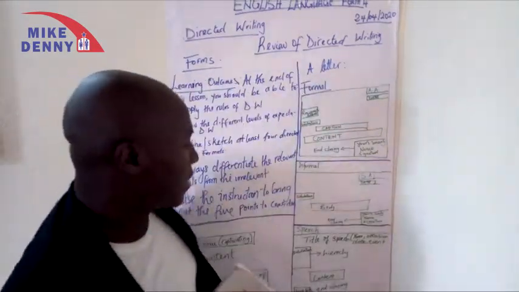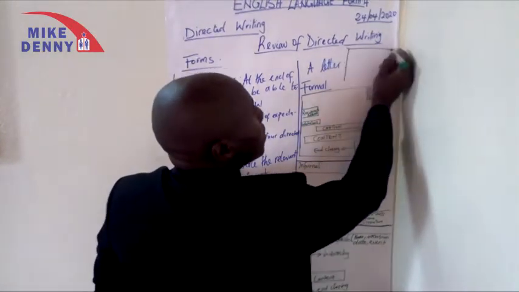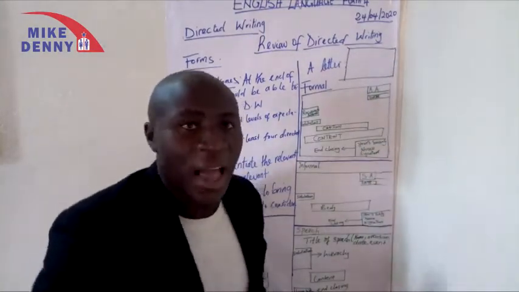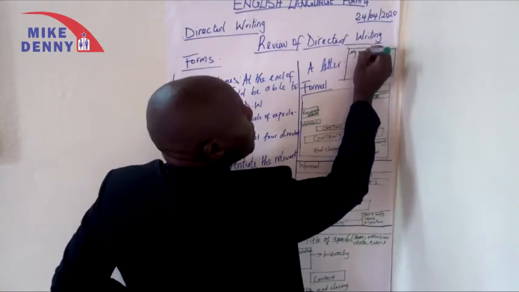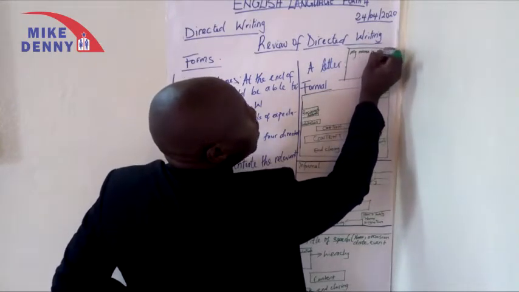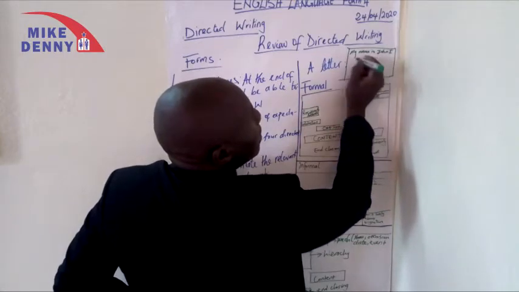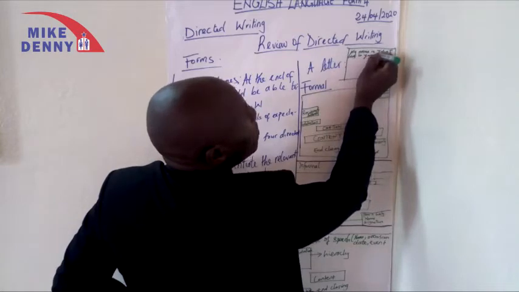Let me use this little space we have here, assuming that this is your book. This is your book. And you start, my name is John. I live in Yaoundé.